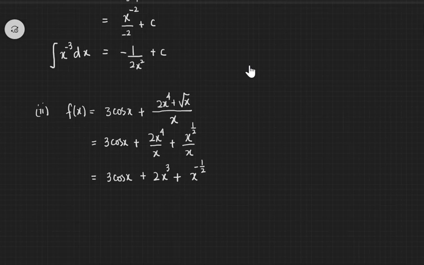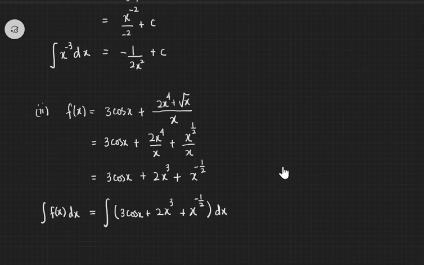Now we shall take the integral on both sides. So this can be written as the integration of the function f of x with respect to x, which equals the integration of the function 3 times cos of x plus 2 times x power 3 plus x power minus 1 upon 2 with respect to x.